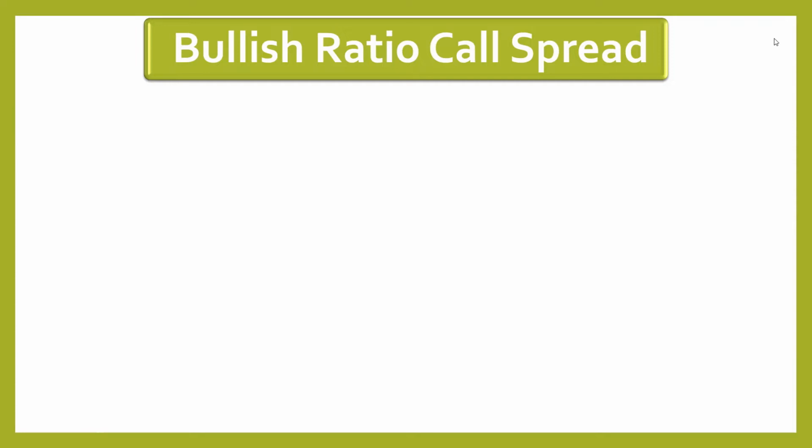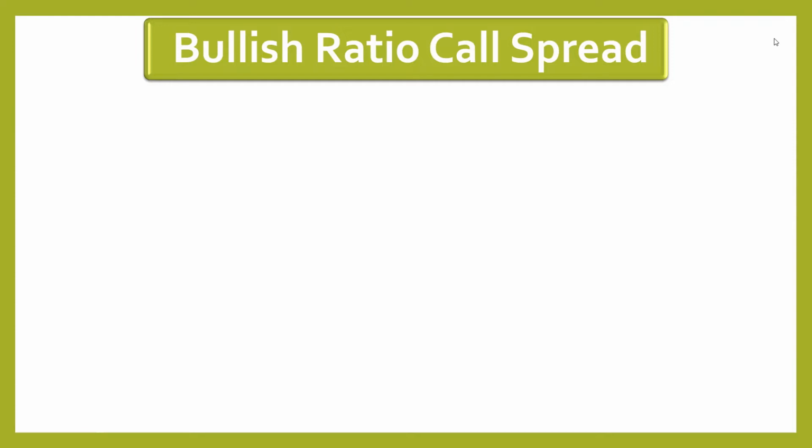Yes, what you had in mind is right. Definitely this strategy would give you a higher success rate. That is the strategy we are going to discuss, bullish ratio call spread.